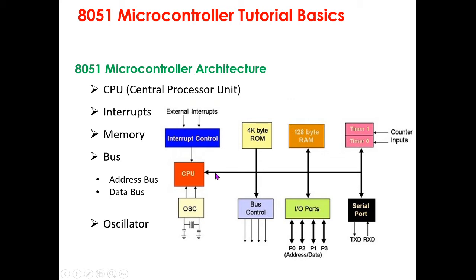A few of these buses are unidirectional, a few are bidirectional. Essentially, CPU is the captain of this entire system. CPU is also duly connected with interrupt control logic, and it is also receiving oscillations continuously using this crystal oscillator connected here.